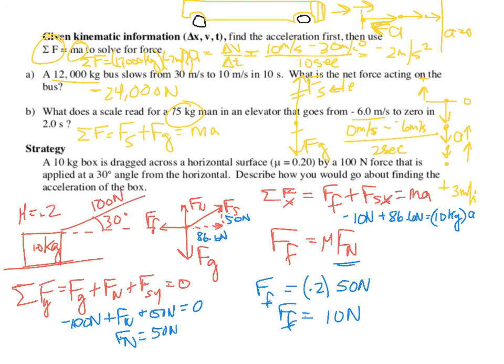So that is 76.6 newtons divided by 10 kilograms. I'll just do it all at once. And that equals a. And so a is 7.66 meters per second squared. All of that right there.